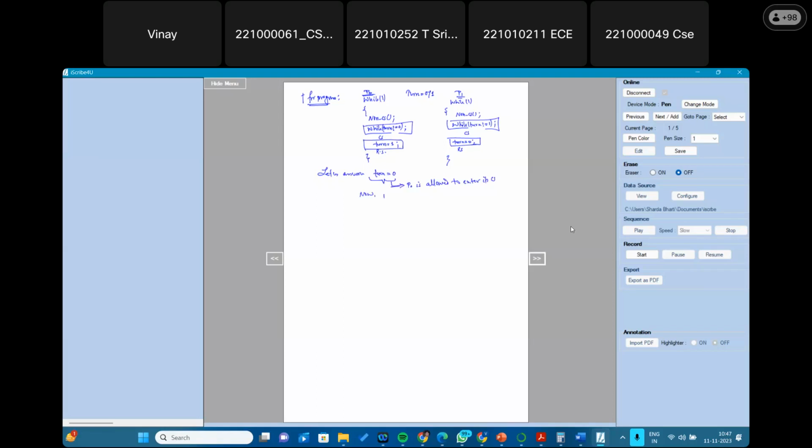Now P0 turns the value of the variable equals to 1, means execute this one. So P1 is allowed to enter its critical section.